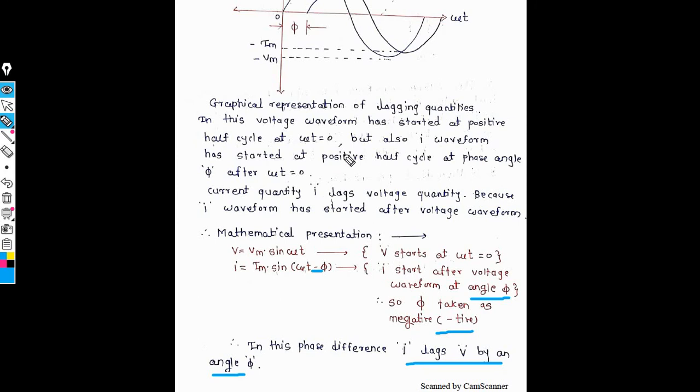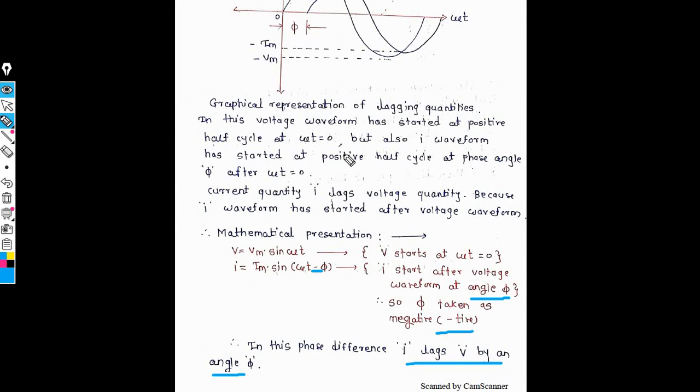That means current lagging the voltage is called lagging phase difference. This is a very important type of phase difference between voltage and current. Now this is the graphical representation of lagging phase difference.